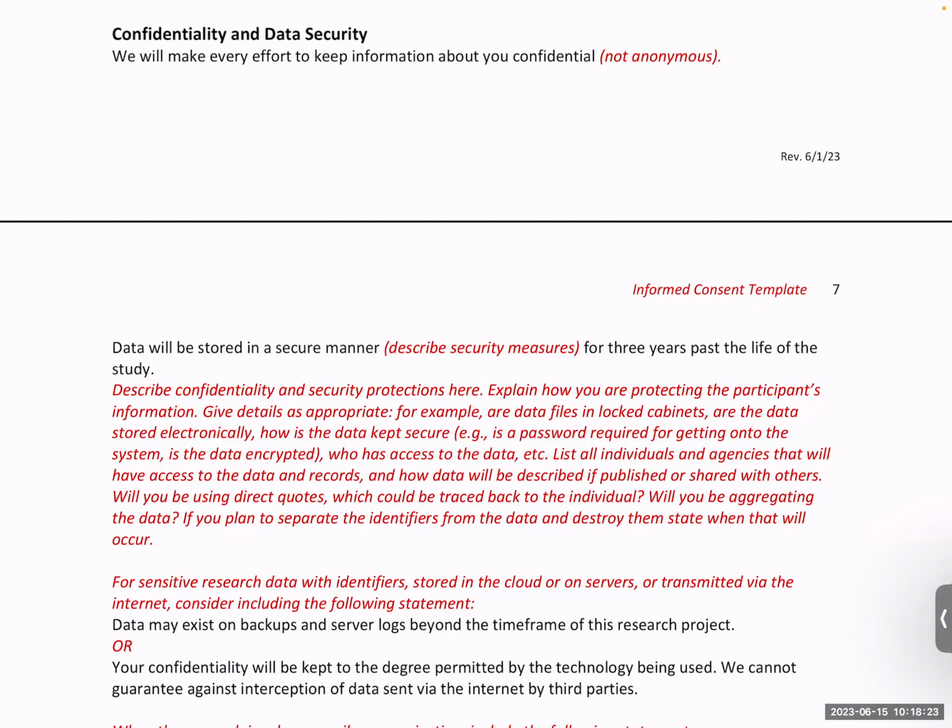Depending on your sample size, the diversity of your sample, and so on, participants may be identifiable based on their age, race, sex, job status or title, a quotation, or a video or an audio clip that you use, among other things. Please be sure to read all of this section carefully. In this video, we're just going to cover some of the highlights.